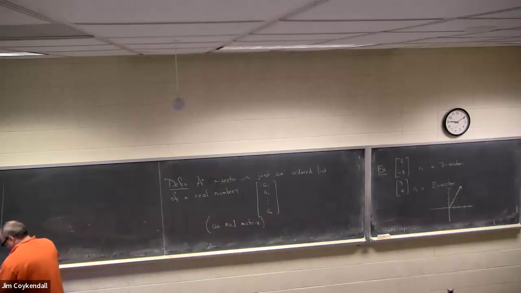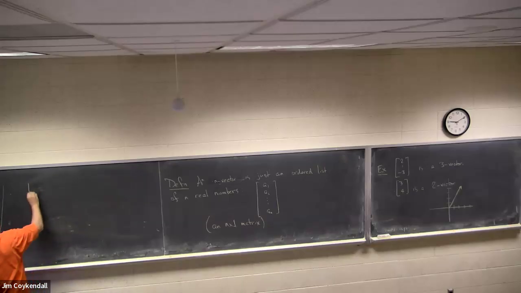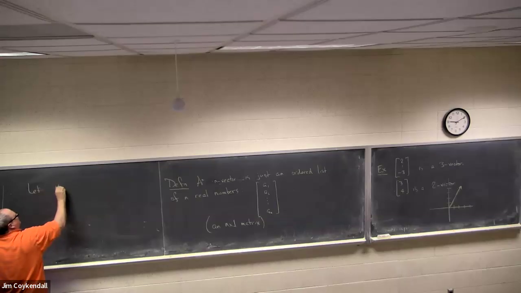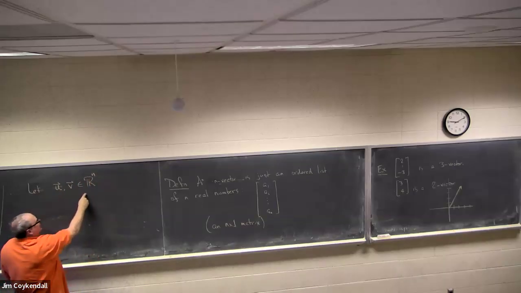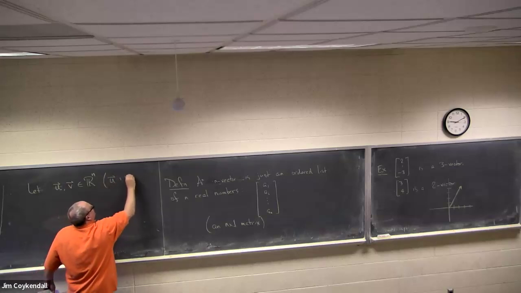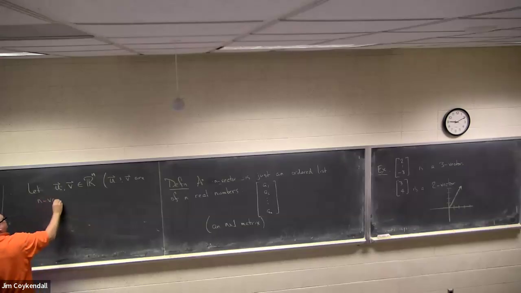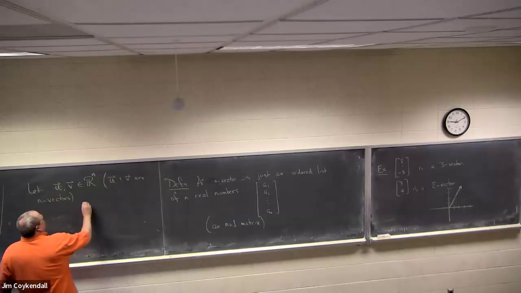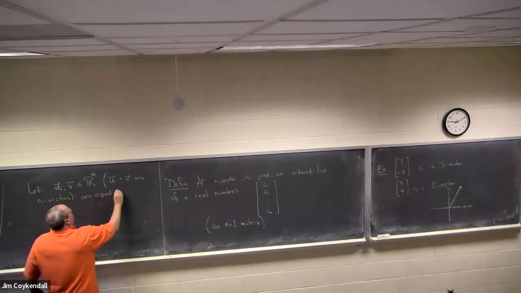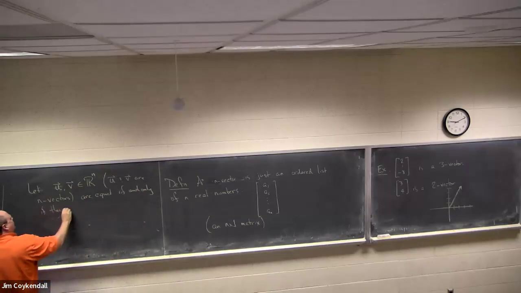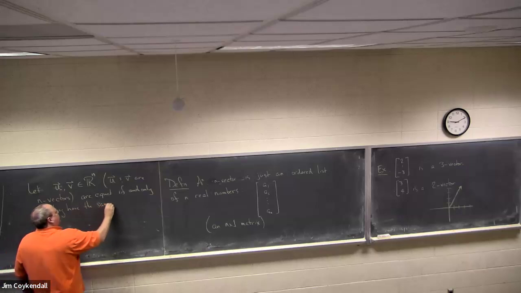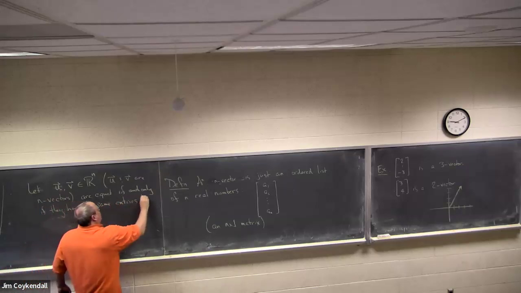So in particular, let me introduce that u and v, when you see this notation, this means u and v are n-vectors, or n by one matrices, elements of R^n, and they are equal if and only if they have the same entries, in order.